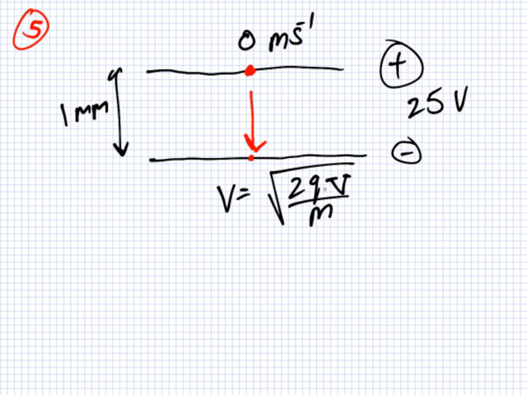What's the only thing that's different in this formula? The distance cancels out. It's still a proton, so the mass is the same. The voltage is the only thing that's different from the last one.